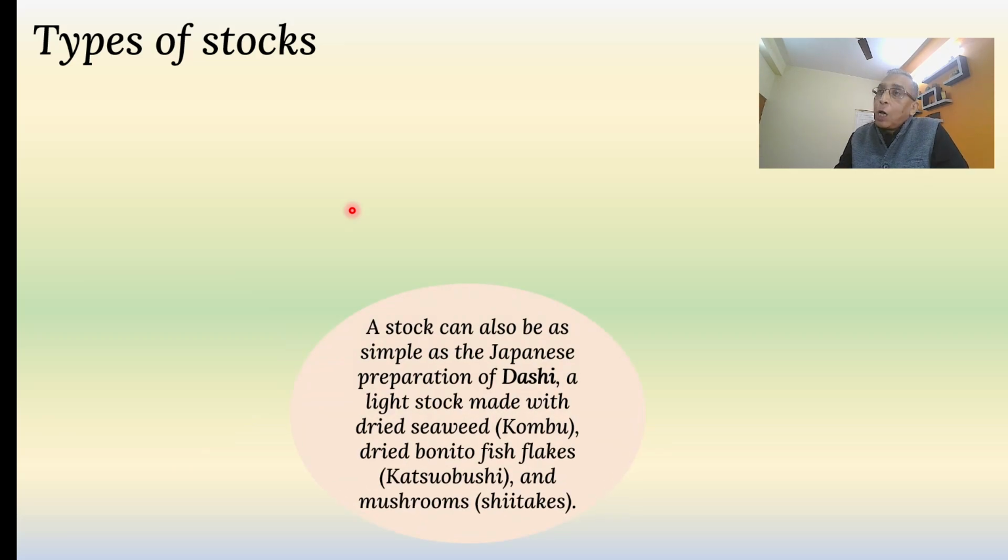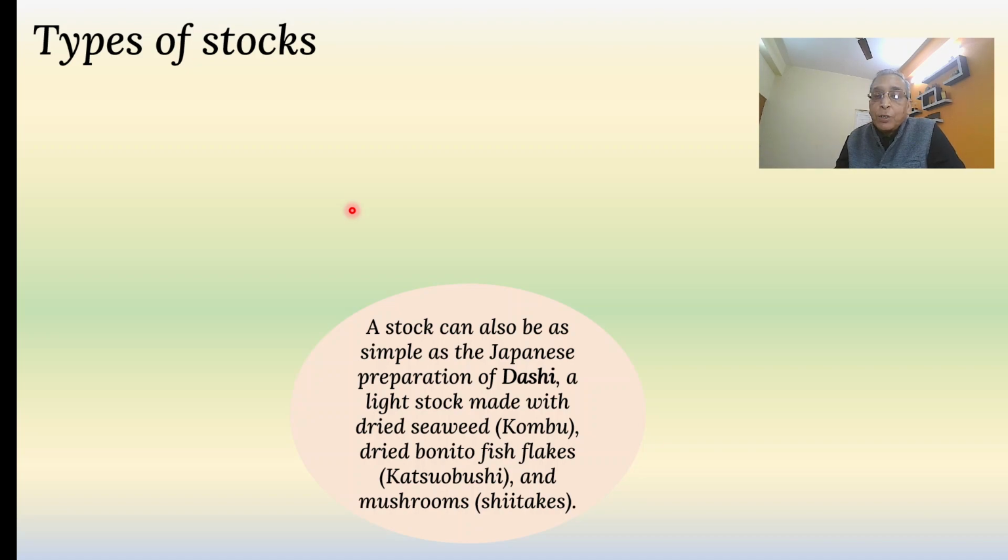There is another stock very popular in the world, of Japanese origin, which is known as dashi, a light stock made with dried seaweed. In Japanese terminology, it is known as kombu, and dried bonito fish flakes, that is katsuobushi, a dried fish, and mushrooms, shiitakes.